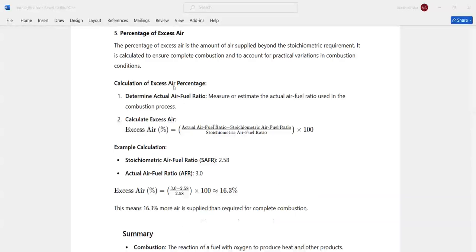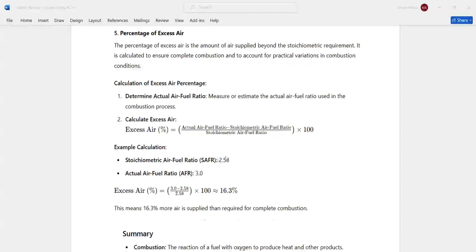Earlier on I told you how you can calculate the percentage of excess air. To calculate excess air, you need to determine the actual air-fuel ratio, then you subtract the stoichiometric air-fuel ratio. When you get that value, you divide it by the stoichiometric air-fuel ratio.